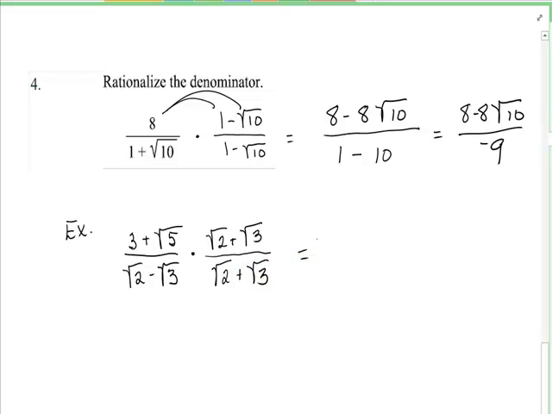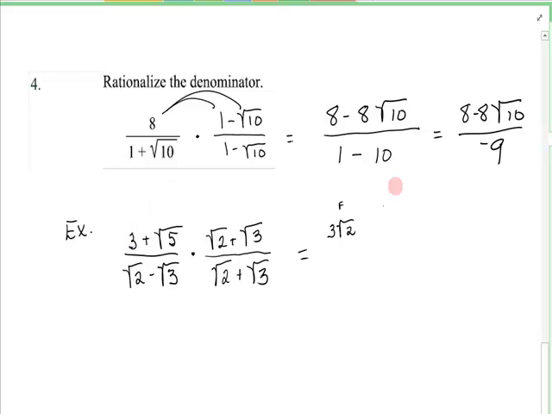The real difference is in the top here. You've got 2 terms times 2 terms. I need to use FOIL. In all of my examples, I used the distributive property. If I use FOIL on the top, those are not conjugates, so I have to do all the terms. 3 times the square root of 2 is the first.